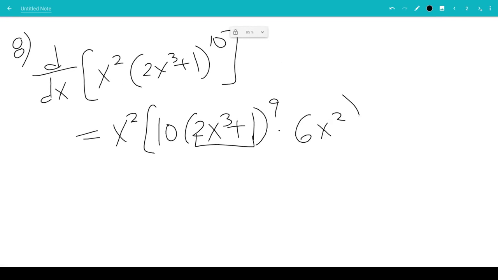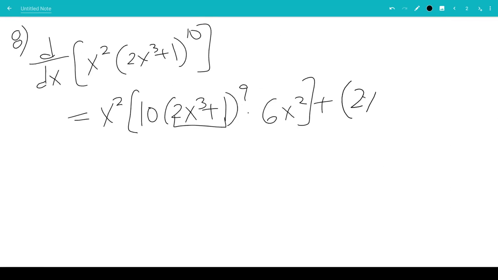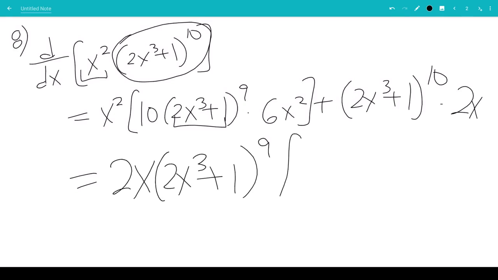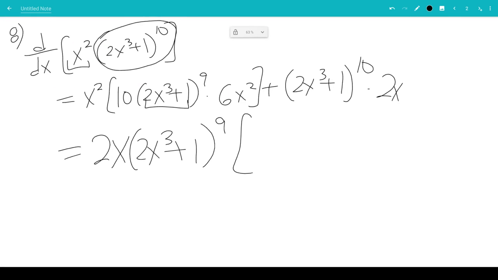And so then we have the second function times the derivative of this first one, so it's 2x. So we're going to factor out a 2x and a (2x cubed plus 1) to the 9th, leaving us with, so we're going to have 1x, so this would be 60.